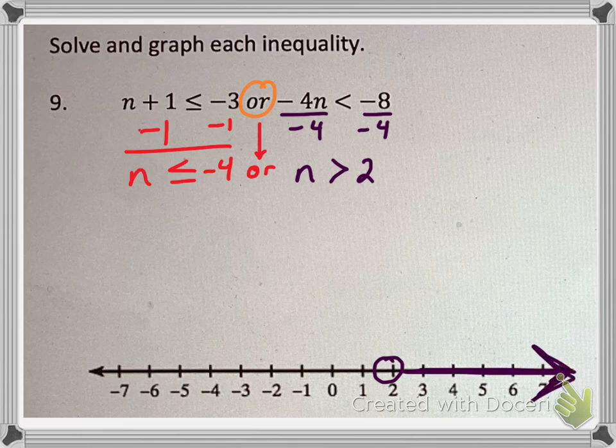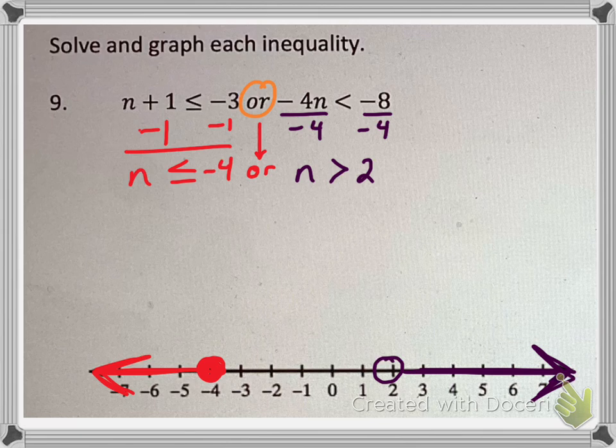Okay, get my red pen back, and I'm going to go -4. And n is less than or equal to, so color that in because it's equal to and it's less than. And there we go. There's my empty space in between of those that do not work. Those do not satisfy either one of the statements.